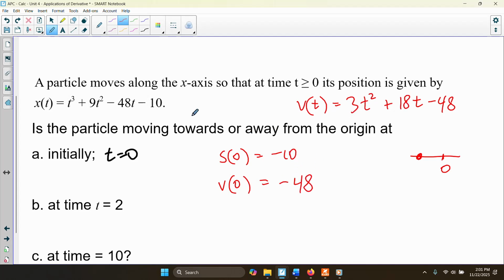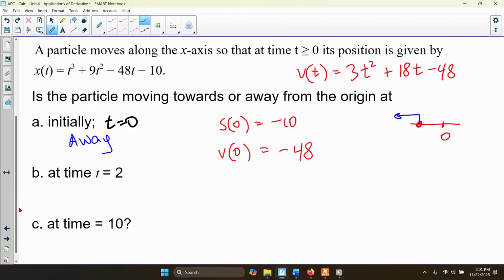I don't care about the value or the units here, I just care about the plus or minus, the direction. We are traveling with negative velocity, so we're going in this direction, so this is away. Pretty straightforward once you incorporate both of those facts.